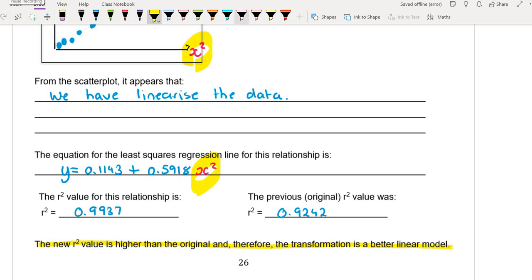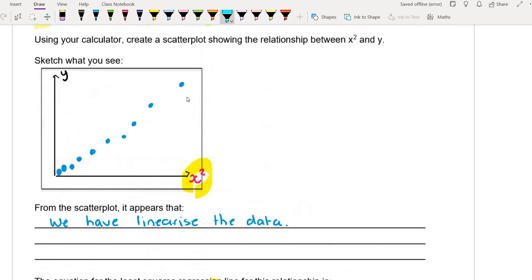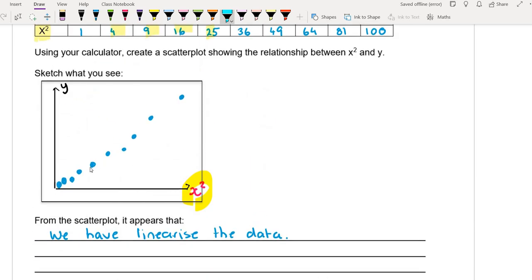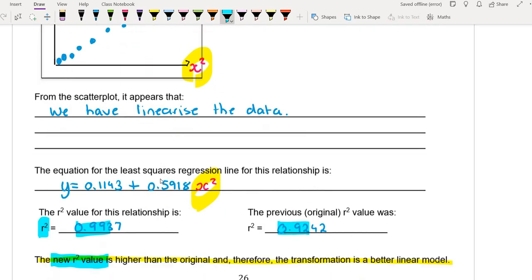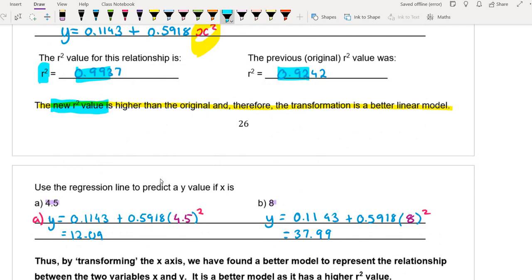And then when we find the R squared value, also using the CAS, now we can see it's almost at 100%, which is amazing compared to our original, which was still high at 93, but the new R squared value is higher. So this is definitely better, and we can see the scatter plot's more linear as well. So this was a good, suitable transformation for this data.